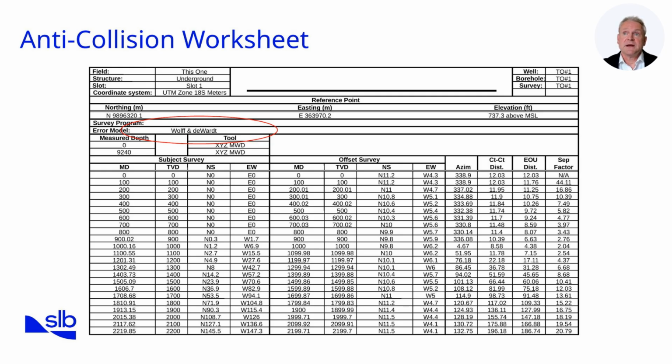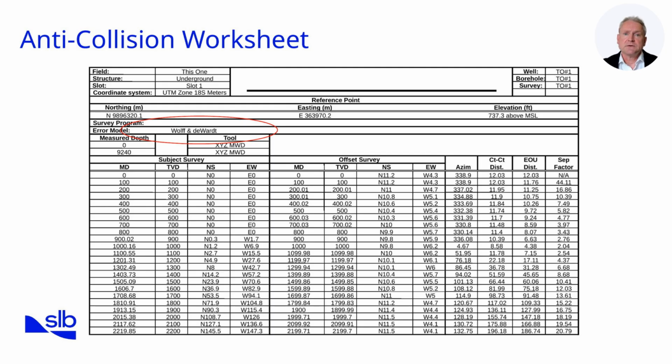During drilling, it can be updated in real time to reflect the most current survey data and recalculate clearances accordingly. This ensures operators do not rely on assumptions but make decisions backed by structured evidence. The anti-collision worksheet also facilitates auditability, as it documents the rationale behind operational decisions.